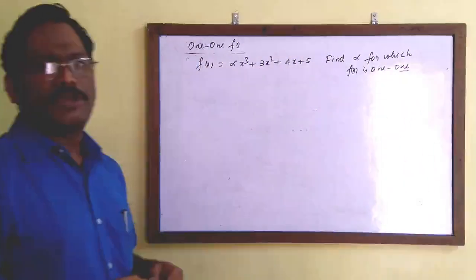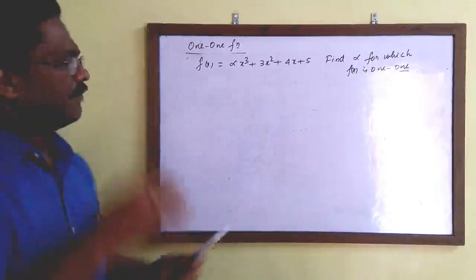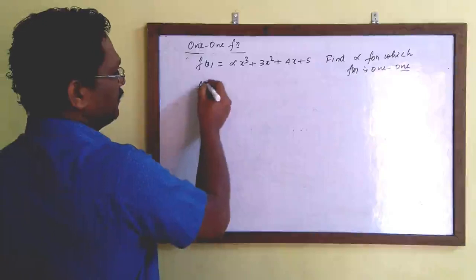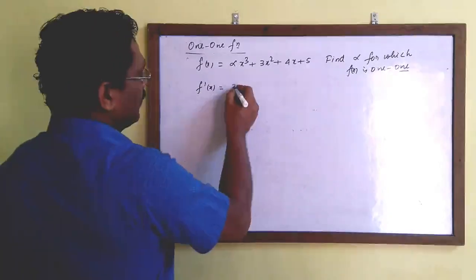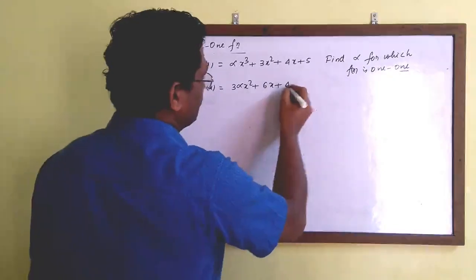Now a cubic polynomial is definitely a differentiable function. So all polynomials are differentiable functions, so I'll straight away apply the third method. So f dash x will be 3 alpha x square plus 6x plus 4.